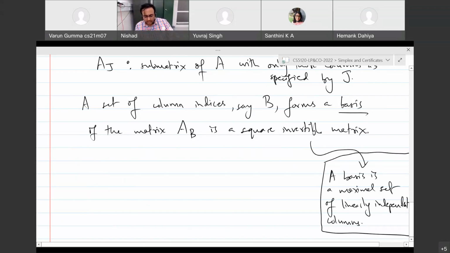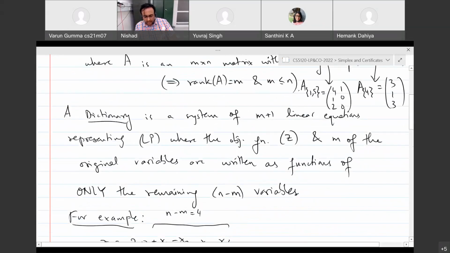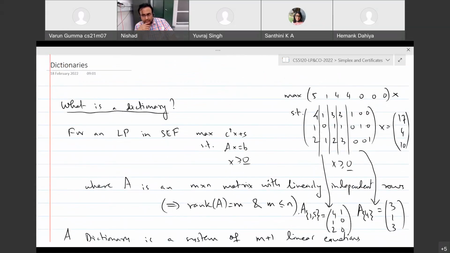So in our example, we have a 3 by 7 matrix. The rows are linearly independent. So it follows by linear algebra that every basis will be a set of 3 columns, right? Because the rank of the matrix is exactly equal to 3. So each basis will simply be a set of 3 columns. Some set of 3 columns, right? Not every set of 3 columns will form a basis. There are certain sets that will not form a basis.